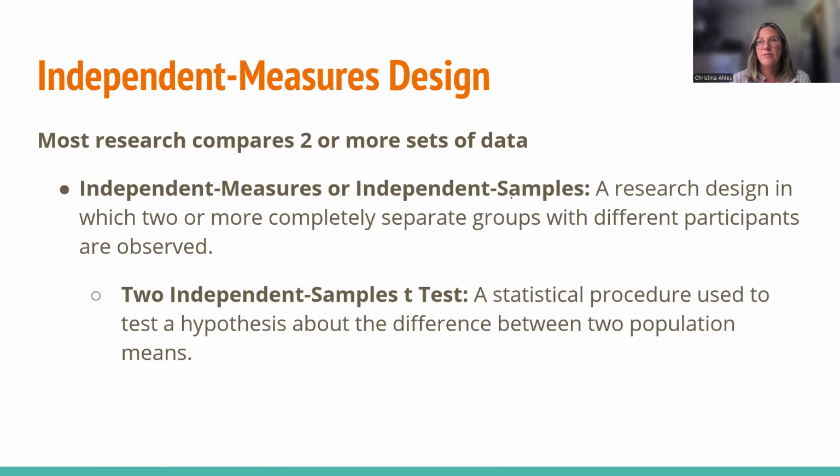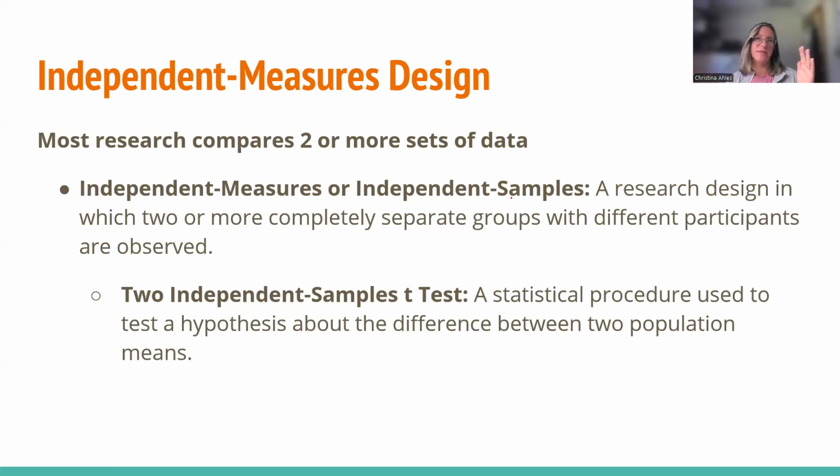The independent measures design, or the independent t-test, is basically a statistical analysis that compares the means, or the differences between the means, of two separate groups or two separate conditions with different participants in each of those conditions. Meaning, I might be in the first condition, but I'm not in the second condition.